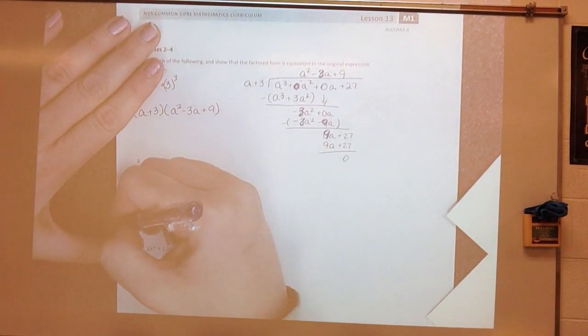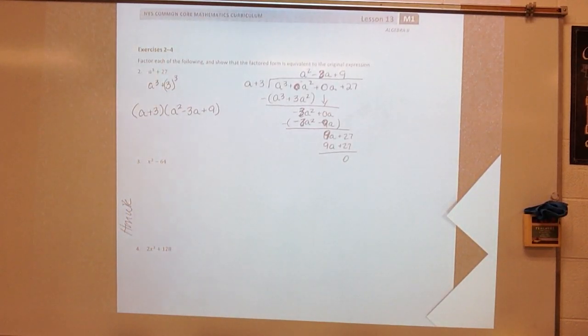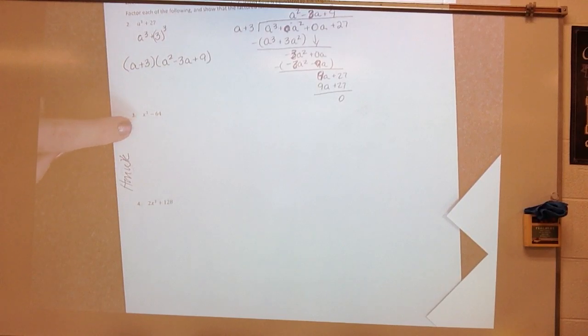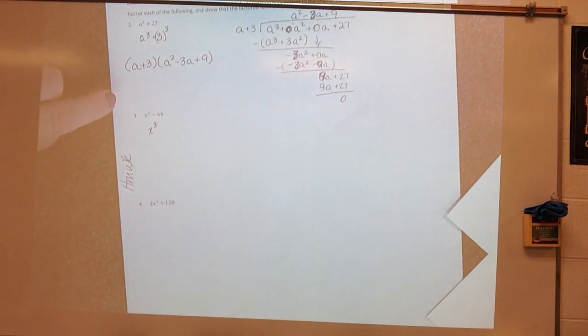I would like for you to do number 3 and number 4 for homework. I want you to practice this. So how can I rewrite, and I'll go ahead and get you started. I can rewrite that as x cubed plus 64, I got to think about what times what gives me 64.